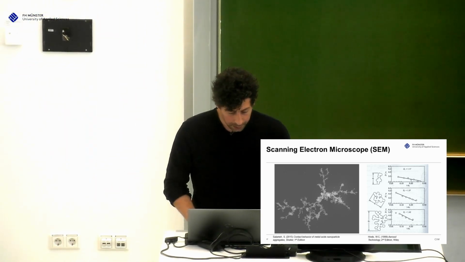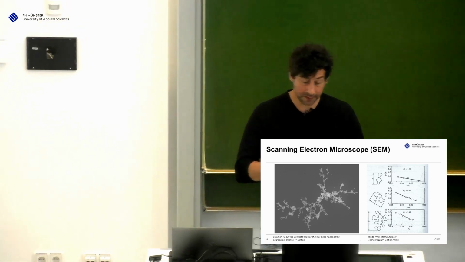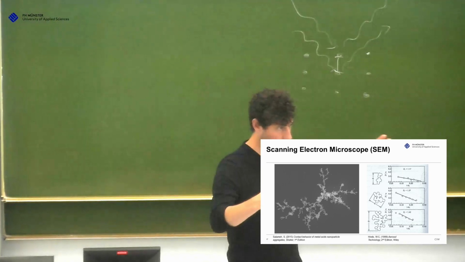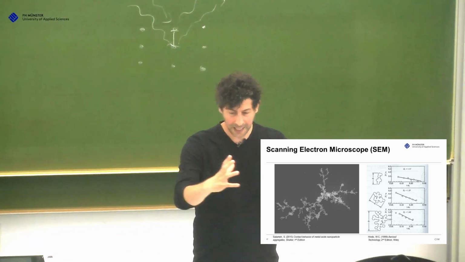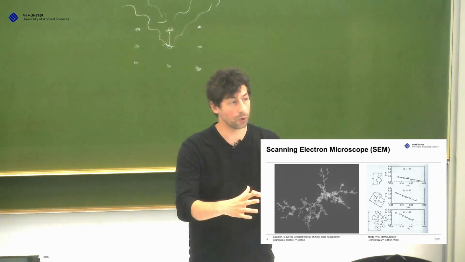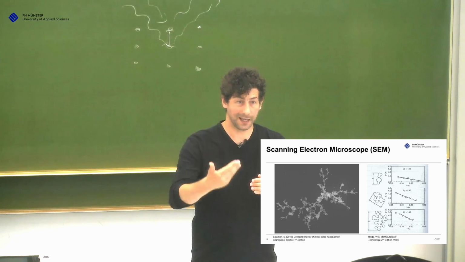So the agglomerate like this could have multiple shapes. Basically, the fractal dimension tells us how open the structure is. If it were a very dense agglomerate with a very low porosity, the fractal dimension would be high.